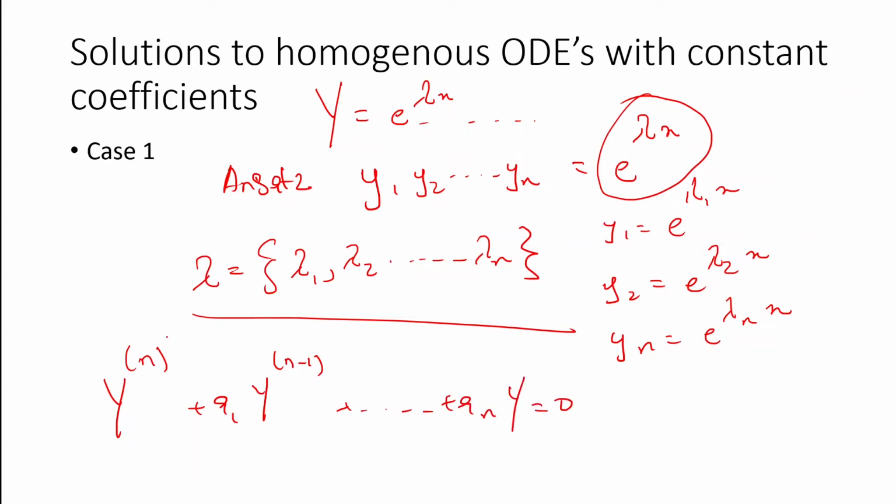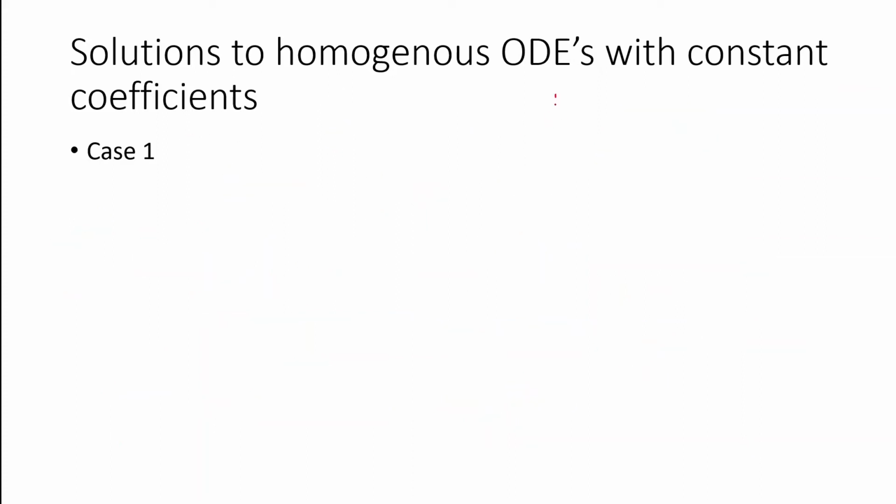Now what is the nth derivative of e to the power lambda x? The nth derivative of e to the power lambda x is simply lambda to the power n e to the power lambda x. Let me just clear this screen. So we make the ansatz that y is equal to e to the power lambda x.